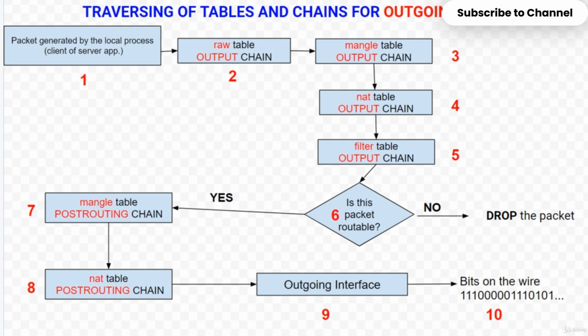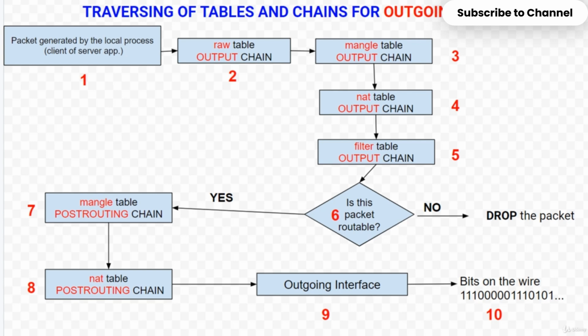But if the packet is routable, it starts then traversing the mangle table of the post-routing chain. Here we can change other values of the packet's headers, and then the packet starts traversing the NAT table of the post-routing chain. Also here we define rules for source network address translation or masquerade.